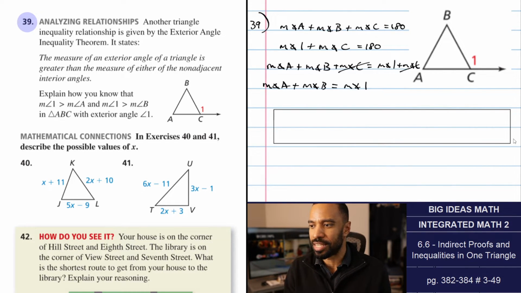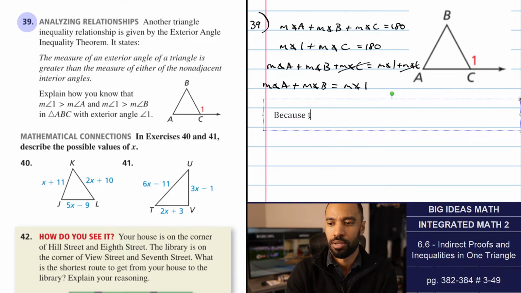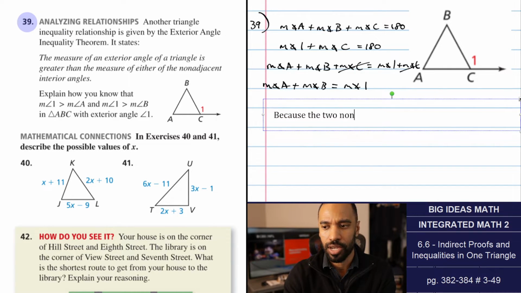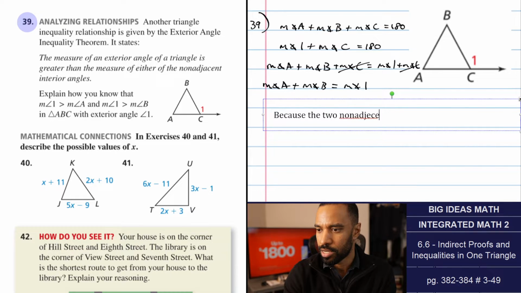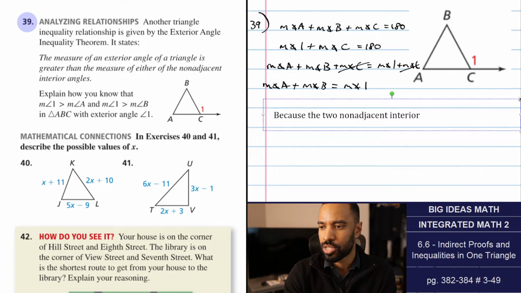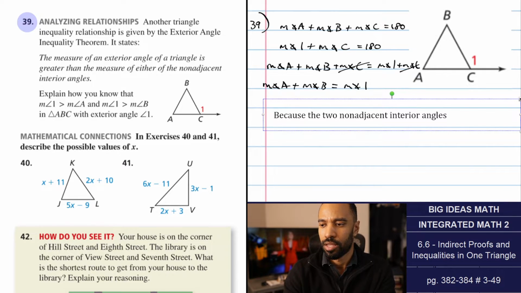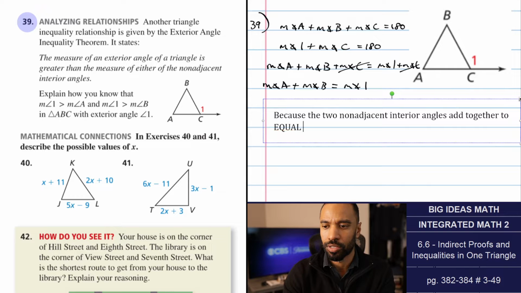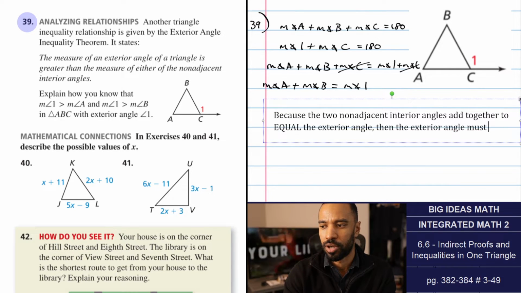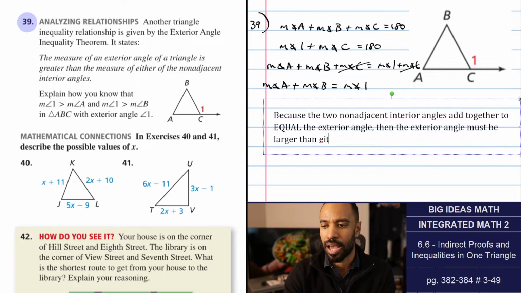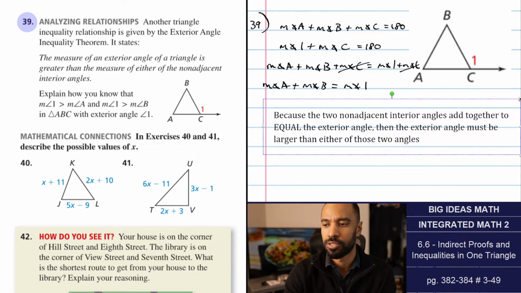Because the two non-adjacent interior angles add together to equal the exterior angle, then the exterior angle must be larger than either of those two angles, right?